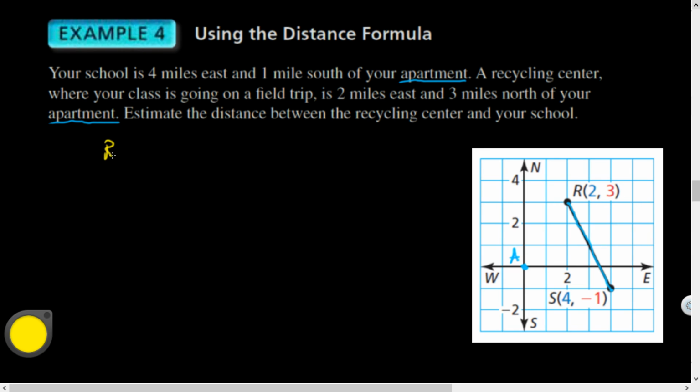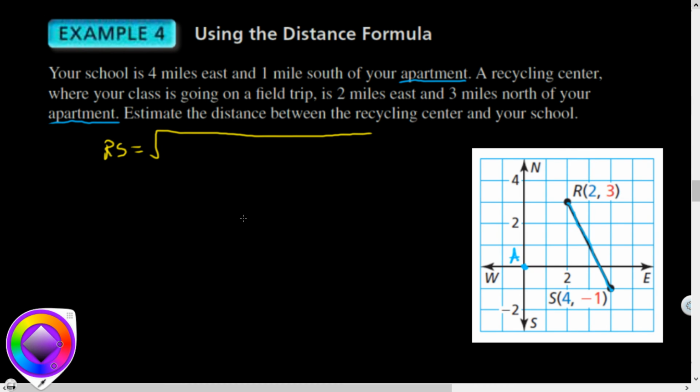So RS, recycling center to school distance, is going to equal the square root of, massive square root symbol here. Let's label this. Let me pick a darker color here. Deep purple here. X1, Y1, and X2, Y2.